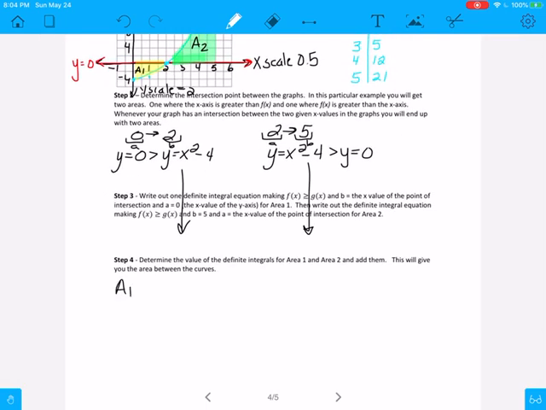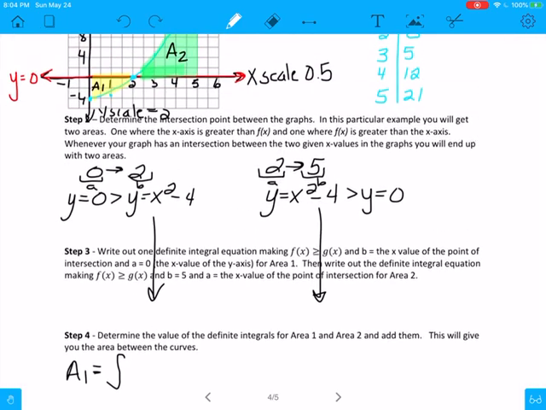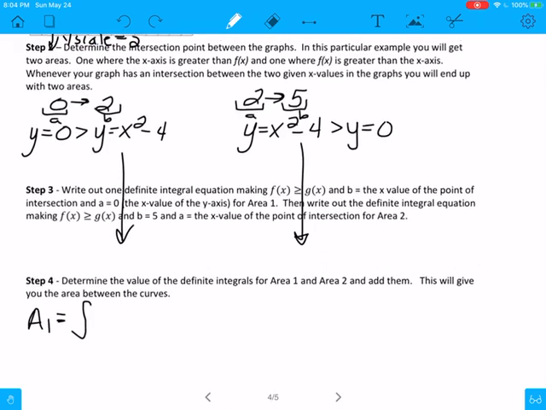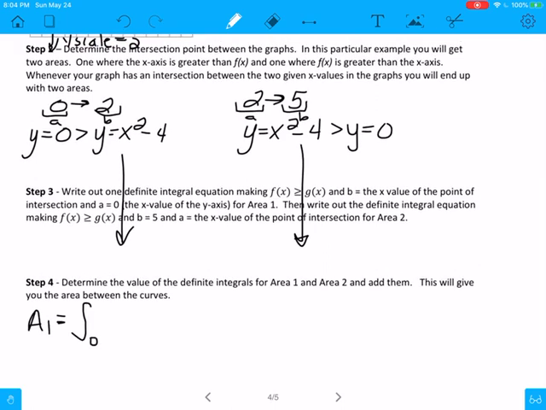So area 1 is going to be the integral from 0 to 2. And then my y equals 0 is going to be my f of x graph, and then minus my g of x, which is the lower one, x squared minus 4, dx. So the one with the lower y values comes second, right?